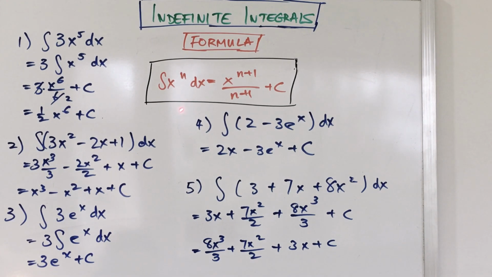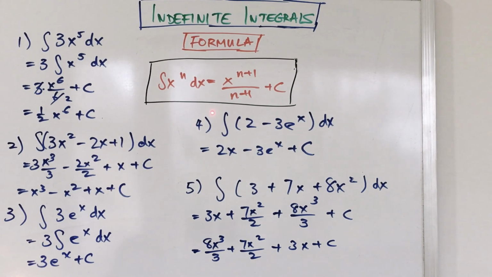It's not really an application of this formula here, because you have e to the x, and n here is supposed to be an integer, so x isn't an integer, so the integral of e to the x is just actually e to the x. So that becomes 3 times e to the x plus c. So that formula, we don't actually use it in this question.